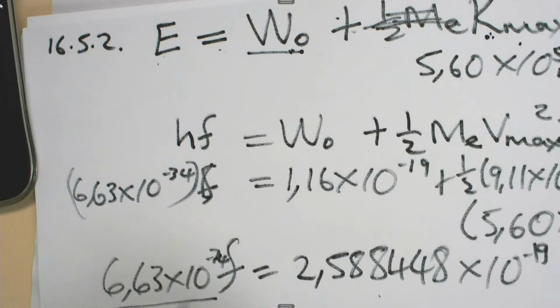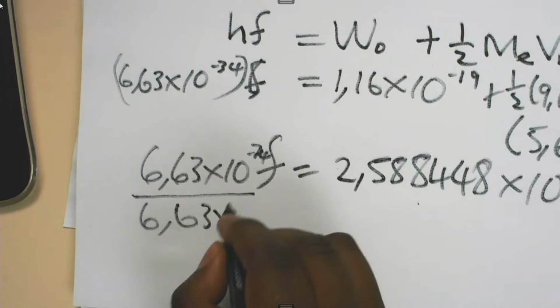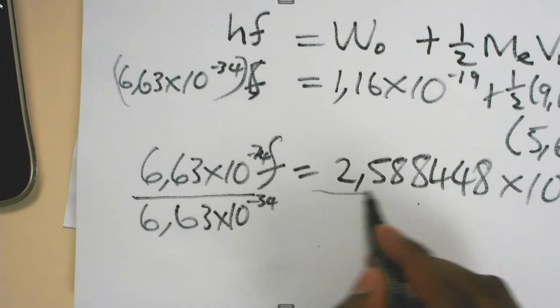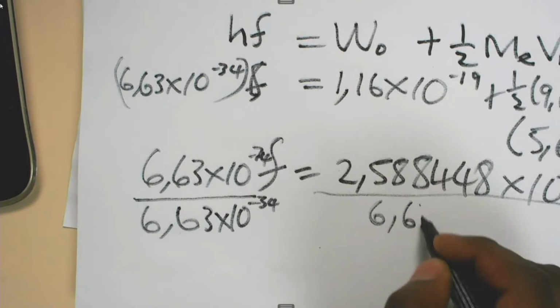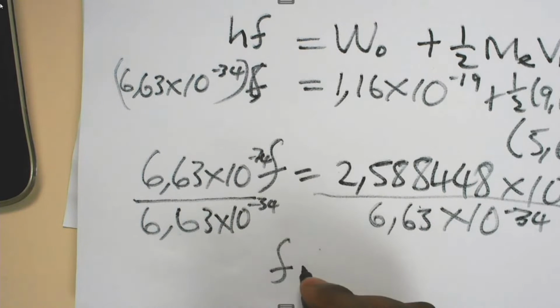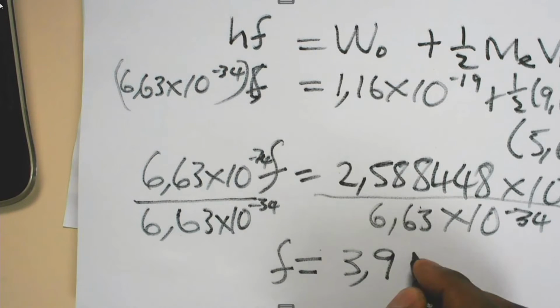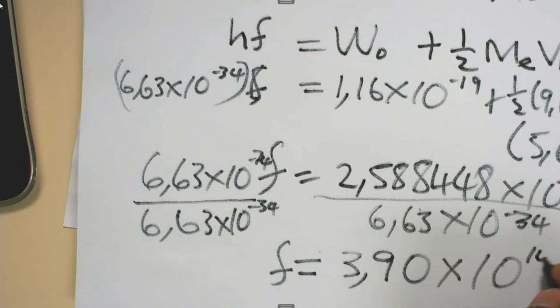Then we divide on both sides by 6,63 times 10 to the power minus 34. Our frequency then becomes this divided by 6,63 exponent minus 34, which is 3,90 times 10 to the power 14 hertz.